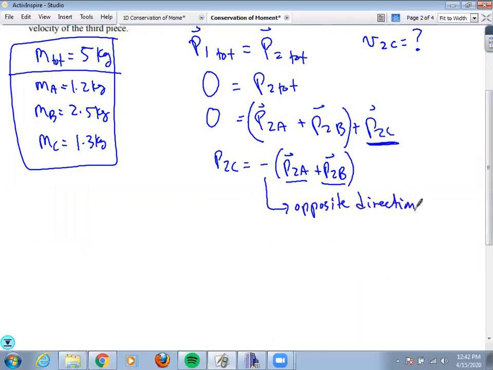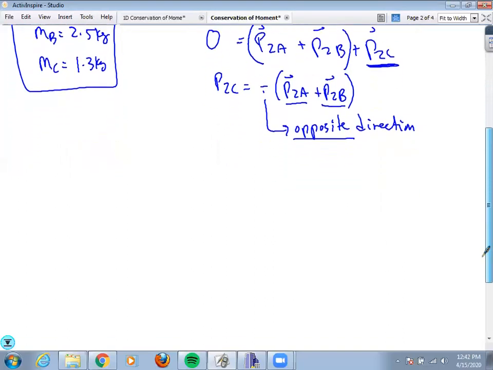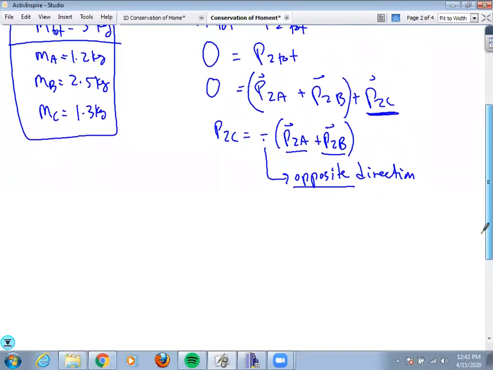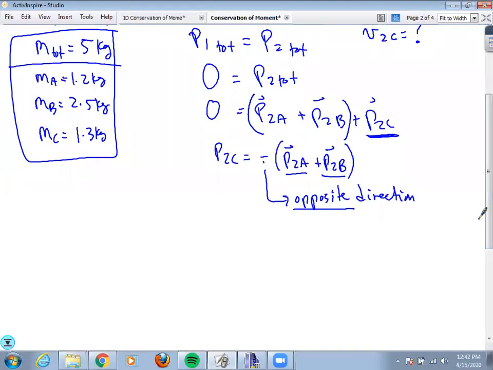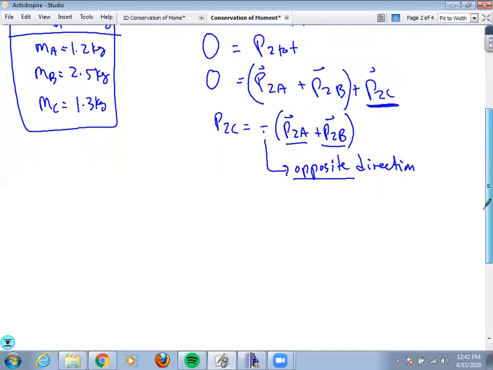Okay, so we can add P2A plus P2B. It's going to be X and Y and all that, and then we'll get P2C, and then we just take the negative because, of course, it is negative because of the equation. But before we do that, we need to find the two momentum vectors, P2A, P2B.